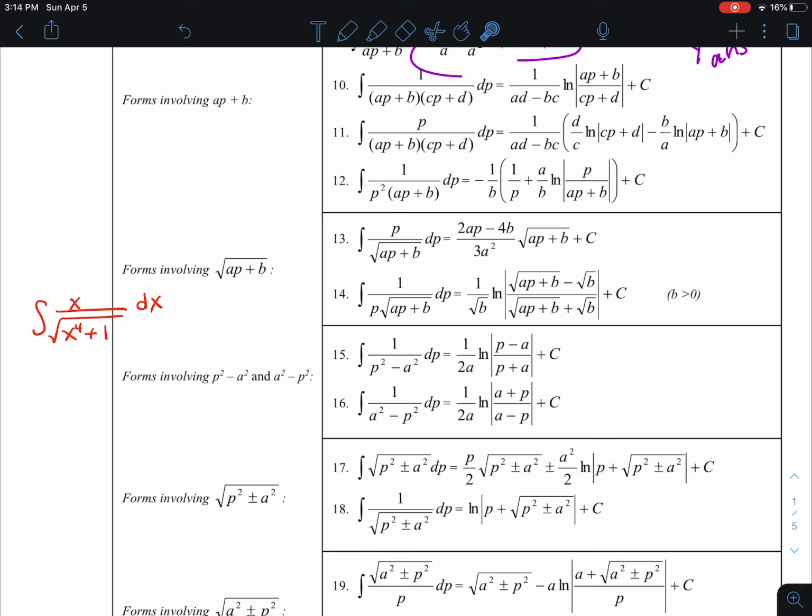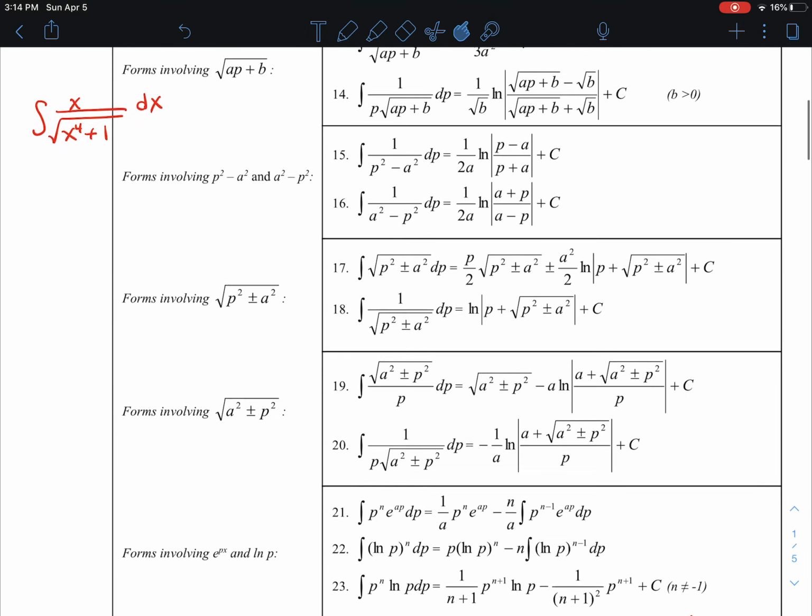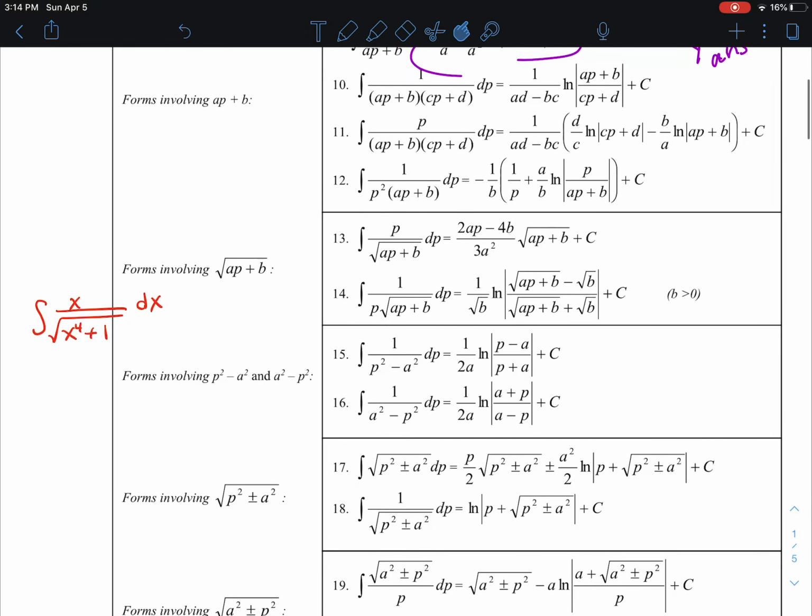I mean, at best, we see some things that have p squareds in them. Okay, remember, p's are where the variable is. So when you see x's in this example, those are going to show up as p's over here in the formula. Okay, here's what you need to keep in mind.